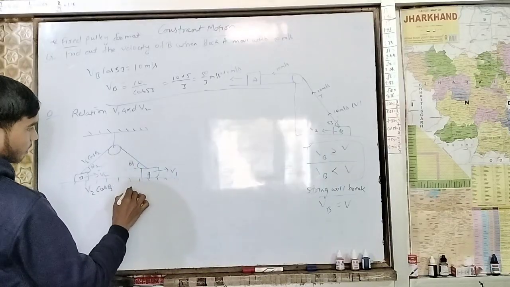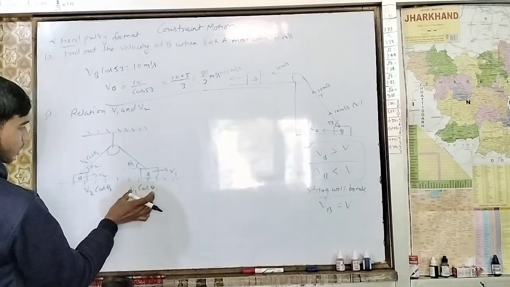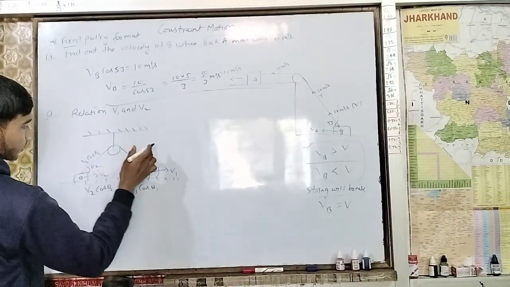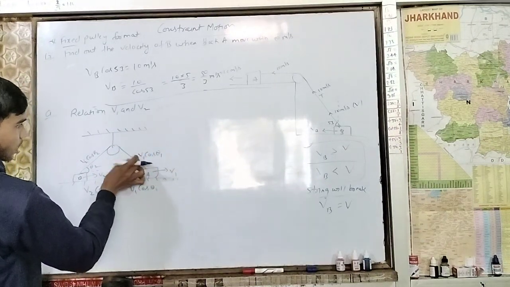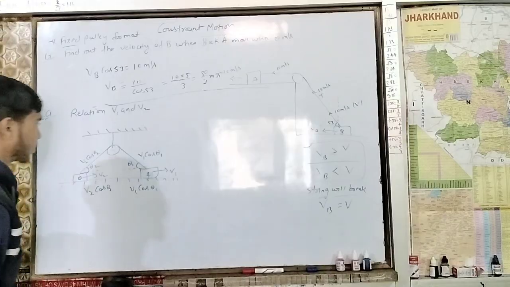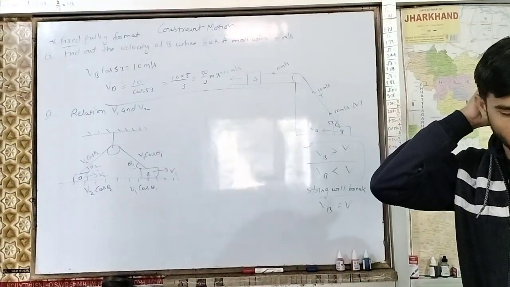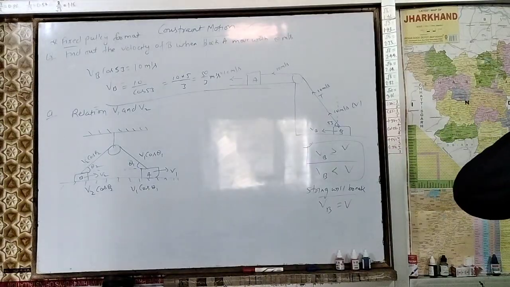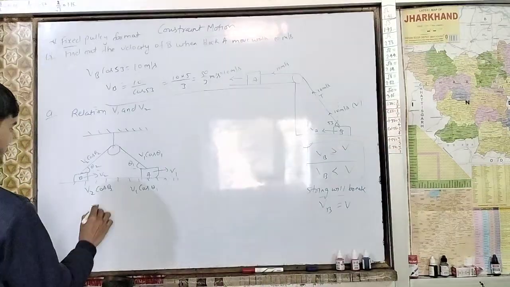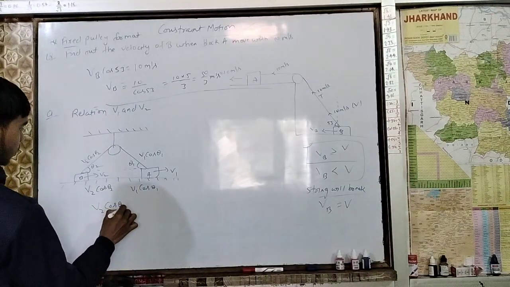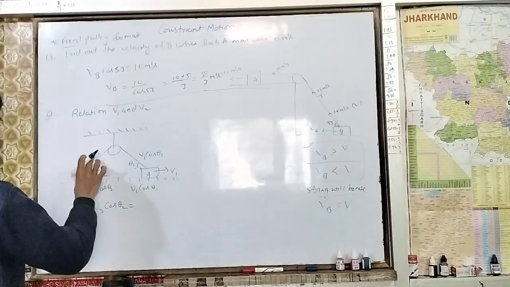So this will be V1 cos theta 1, which is equal to the velocity of the tension, also for this string. Now you can write: V2 cos theta 2 is equal to V1 cos theta 1.